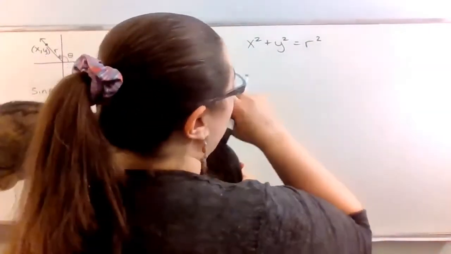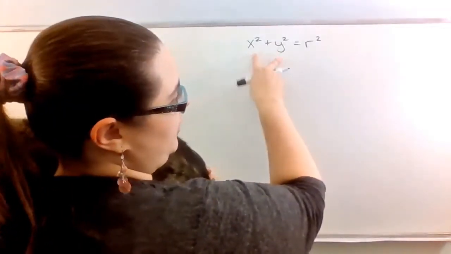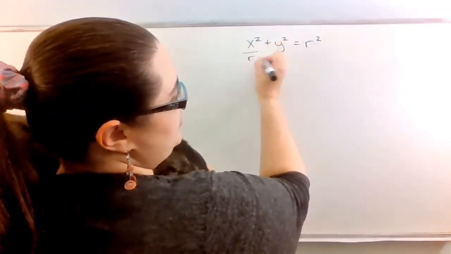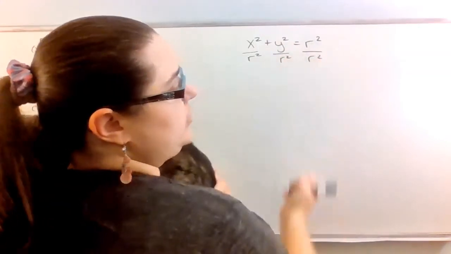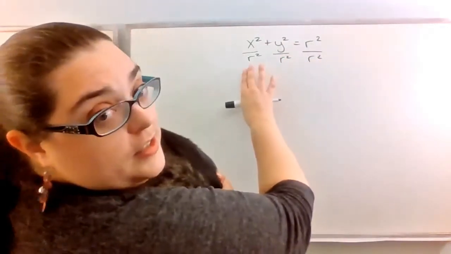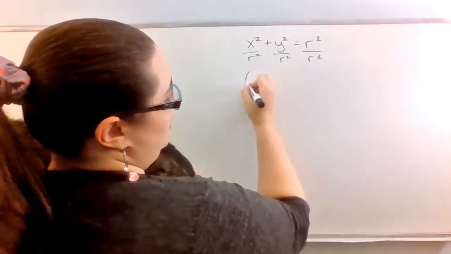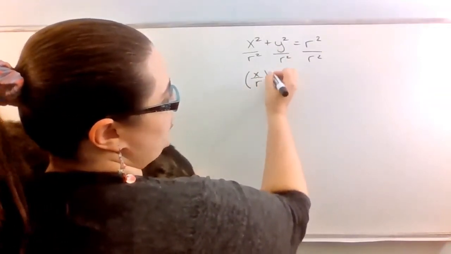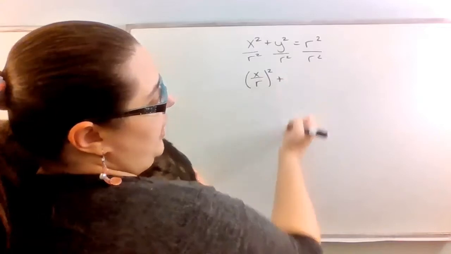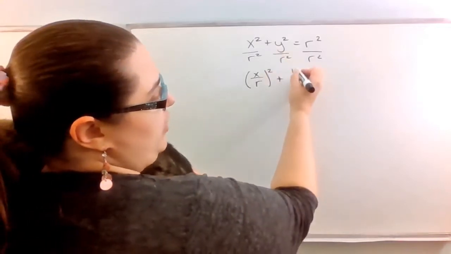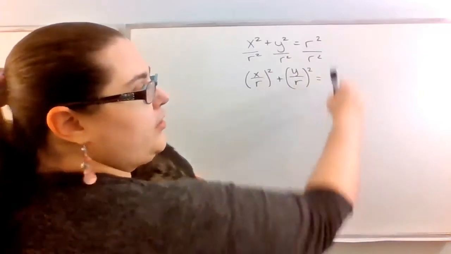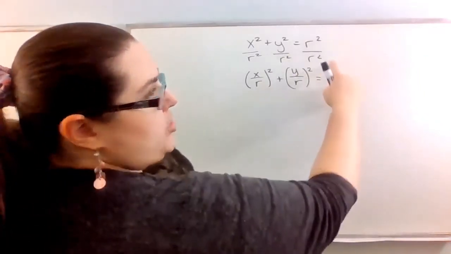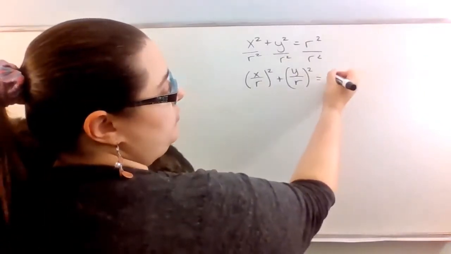Okay, so because these are being squared, however, I'm going to divide both sides of this equation, not just by r, but by r squared. So then I can summarize this piece here as x over r squared, and this one, I can write as y over r squared. And over here, r squared over r squared is just going to give me 1.